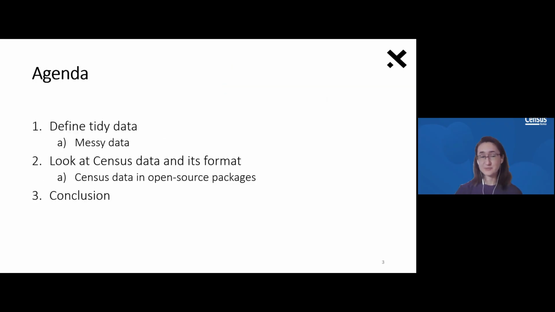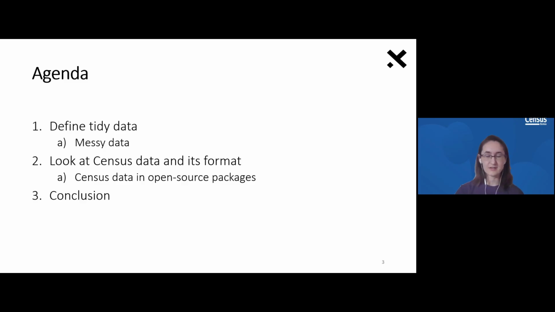So first, before I get to how tidy data can apply to ACS data, I'll first define tidy data. I'll talk a little bit about what messy data is. I won't have enough time to really go into it, but if you're really interested in that, definitely check out the paper. I'll show an example of census data and its format, and also talk a little bit about open source packages.